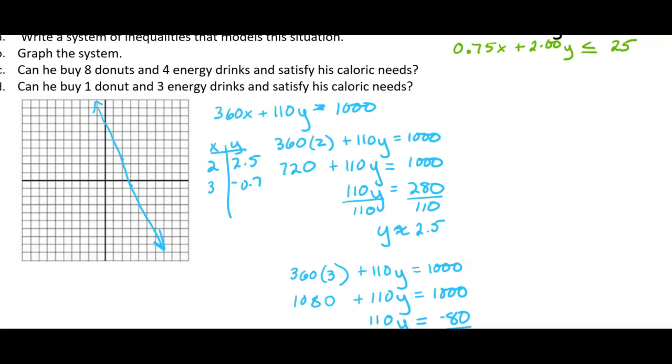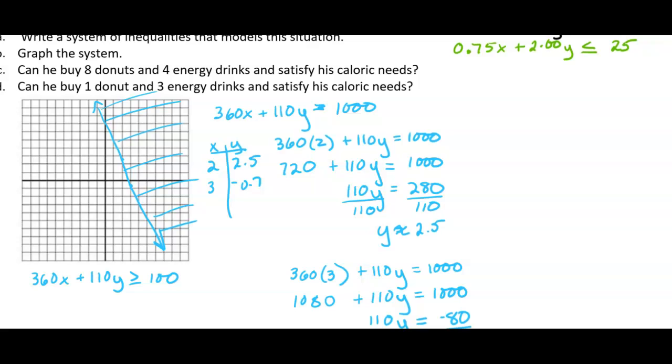Now if we go back to the original inequality, which said 360x plus 110y has to be greater than or equal to 1,000, we know 0, 0 doesn't work, so we're going to want all the points over here. Okay? And now we'll graph the other one.